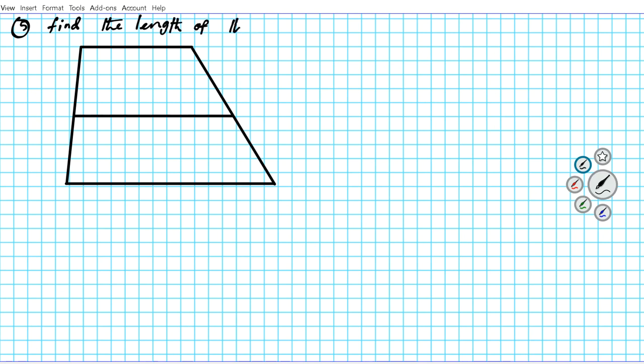The median of the trapezoid. Okay. All right. So in this particular case, let's say we have trapezoid A, B, C, G, H, I. Alrighty.